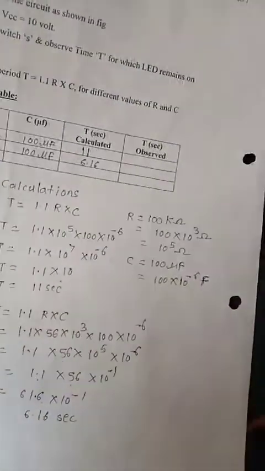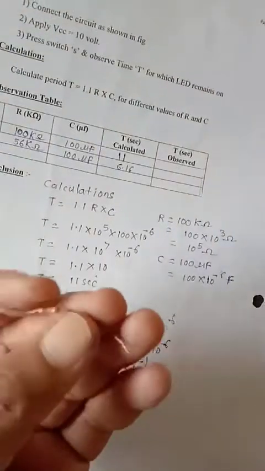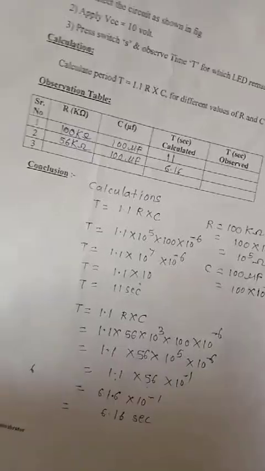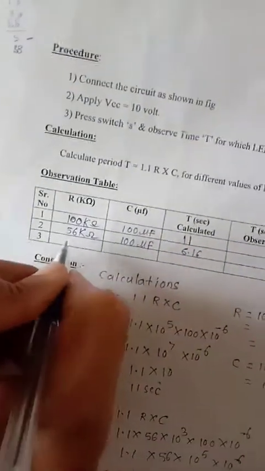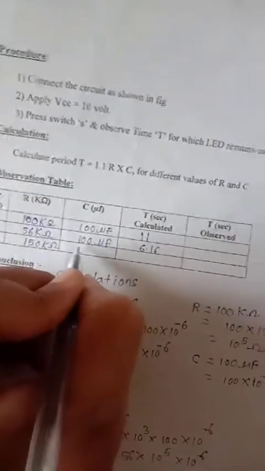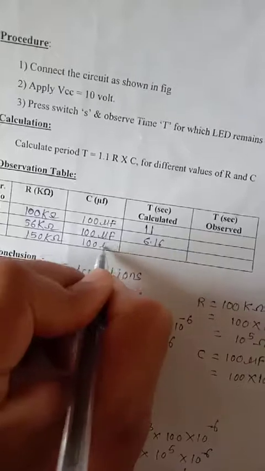Then again we have to change the value of resistance R. See here, I have taken this resistance: brown, green, yellow means 150 kilo ohm. So write here, third reading, value of R is 150 kilo ohm, C is 100 microfarad. Then calculate this.